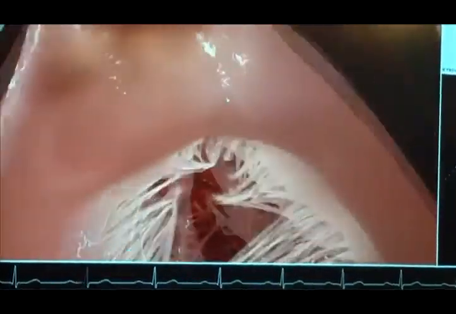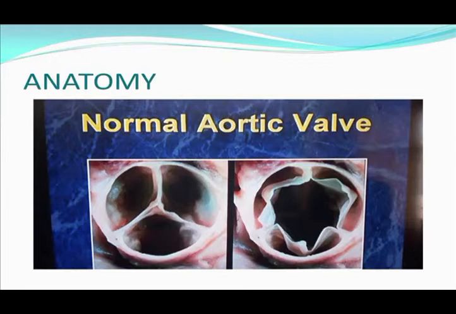So this is another slide which shows the anatomy of the aortic valve, the valve we've zeroed in on now because that's the one we are going to discuss and demonstrate what really happens there when something goes wrong. The normal structure of this valve is that it has three leaflets.